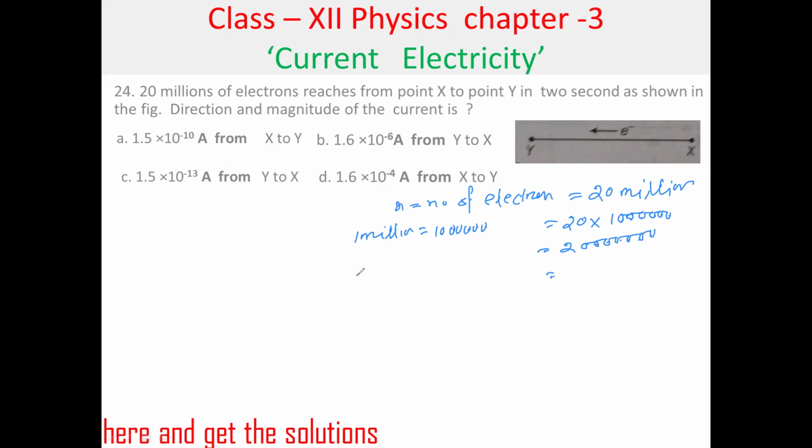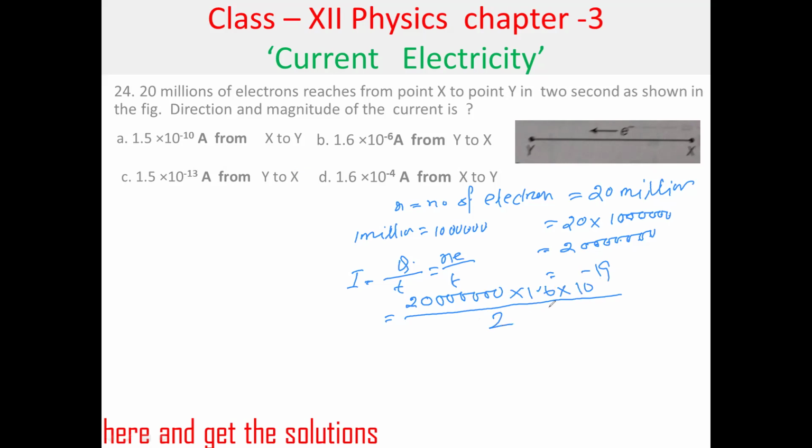So the current flow is charge by time. The charge we can write as n into e, where n is the number of electrons and e is the charge of an electron. So n is 2 into 10 to the 7, into 1.6 into 10 to the power minus 19 coulomb, divided by time. Time is 2 seconds.